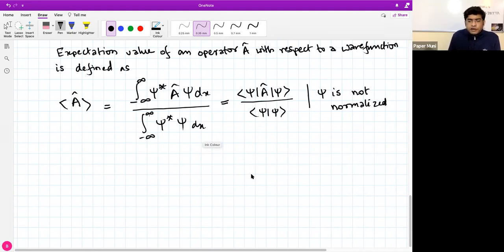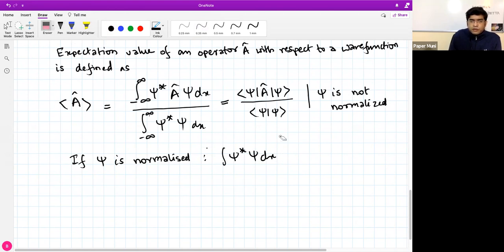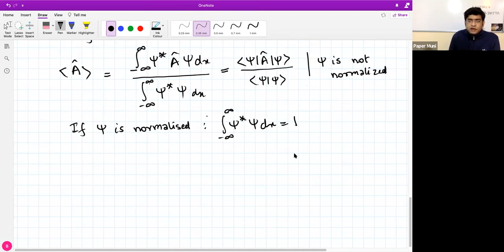If psi is already given to be normalized, or you have already normalized it, then psi follows the normalization condition, which is integral of psi star psi dx equal to 1. Now this is the integral over all space. This depends on the region given to you, but in general let's write it like this.